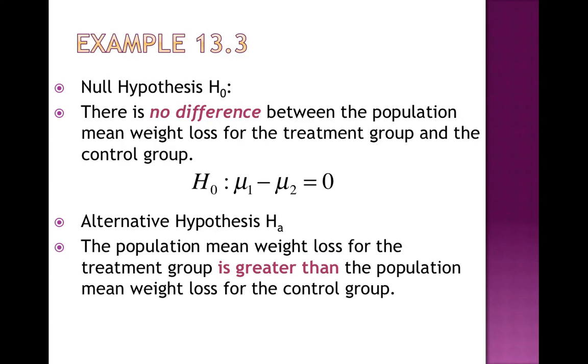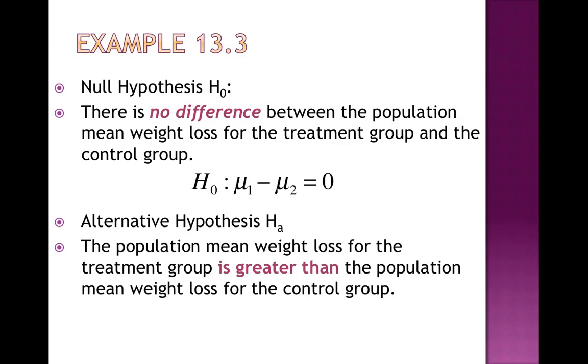Alternative hypothesis is that the population mean weight loss for the treatment group is greater than the population mean loss for the control group. Okay, because weight loss, we would hope that this new pill increases weight loss, and so we would hope that when we looked at the mean weight loss for the treatment group, the people that got the pill, it's greater than that of the control group.